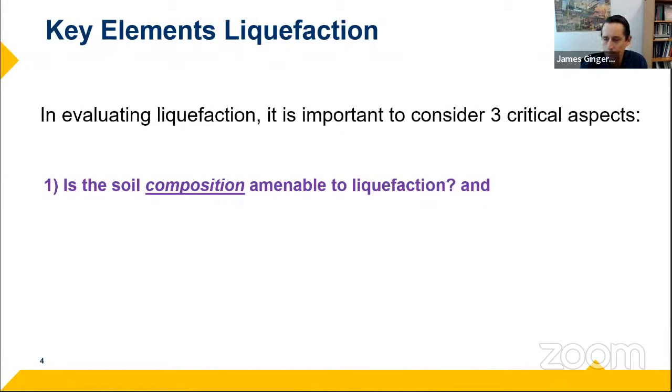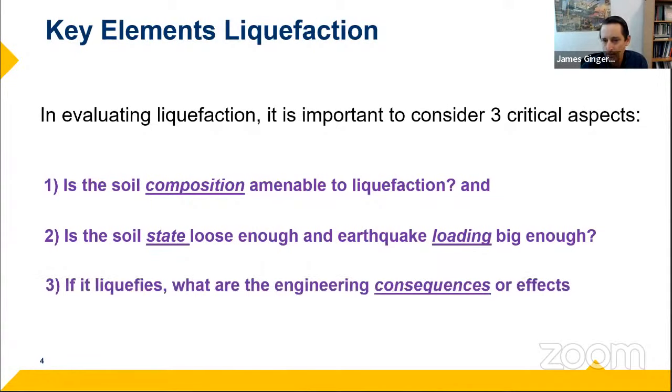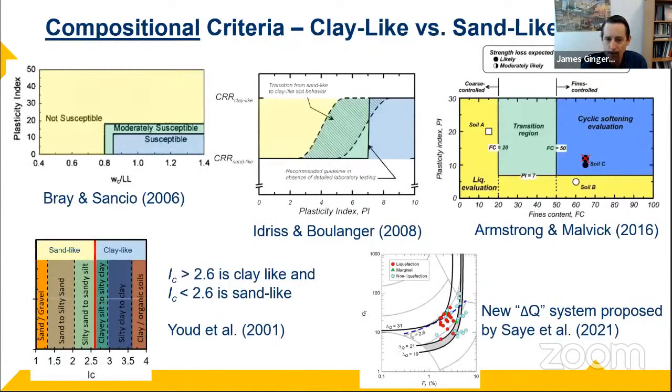And I'll talk a little bit more about that in a minute. Then secondly, if it's a sand-like material, is the state of that material loose enough, and is the earthquake loading big enough for liquefaction to be triggered? And then finally, if it liquefies, what are the engineering consequences or the effects of the liquefaction? So let's dive into these three aspects a little bit.